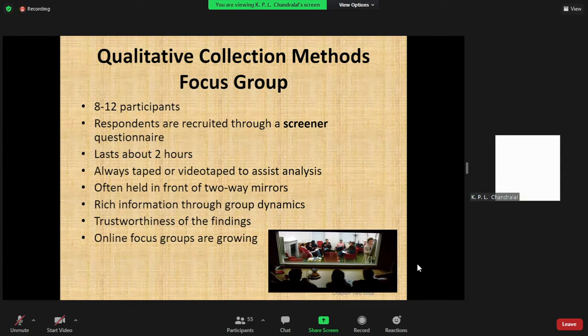So you can invite people at a time. There may be two, three, or five discussions, but for one discussion, I usually invite maybe 10 people, 8 to 12, and you identify the individuals who can share their ideas and knowledge with you as a researcher. They are well-informed people about the problem.